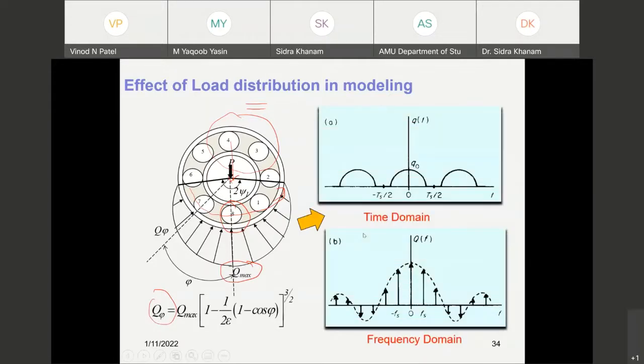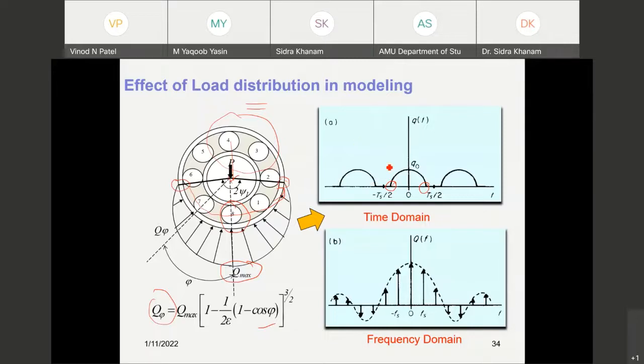If we want to find the actual amplitude of the defective impulse, then we have to multiply by this load distribution, as shown here between this point and this point. The load is varying, and using these equations we can find that profile also. Here is the beginning, while a ball is entering the load zone, and this ball is at the point where it moves out of the load zone.